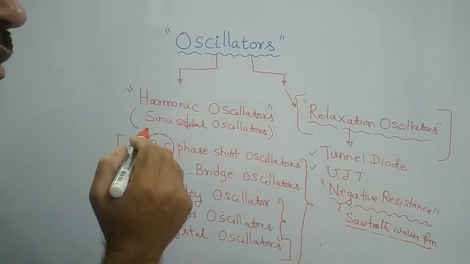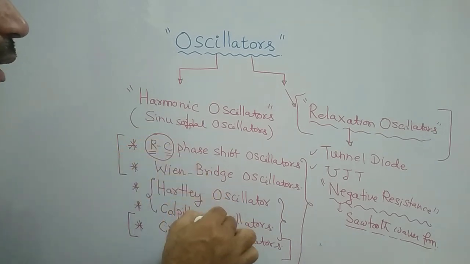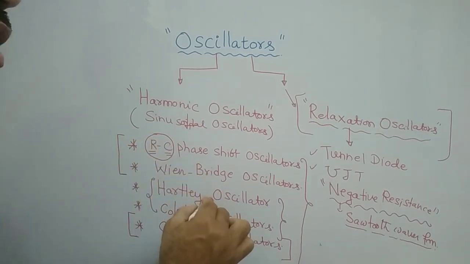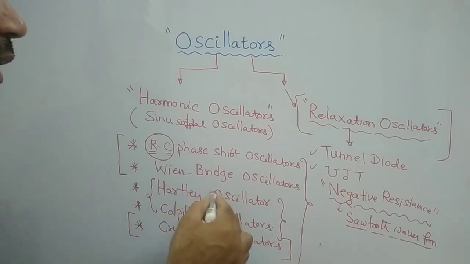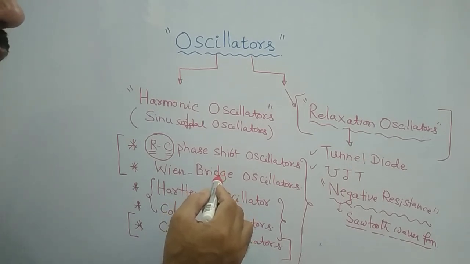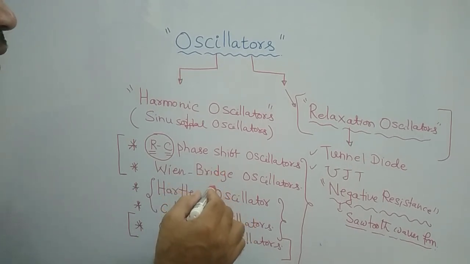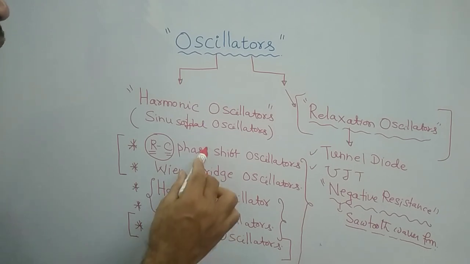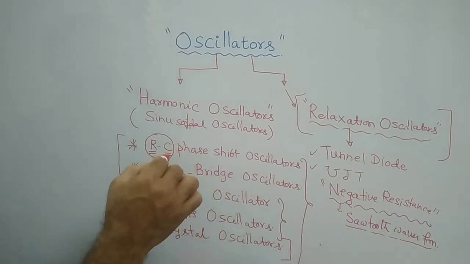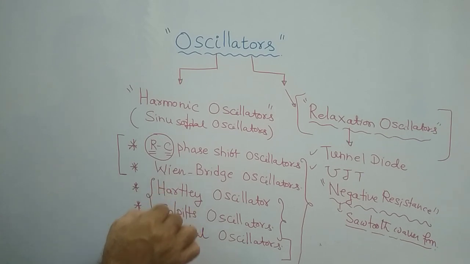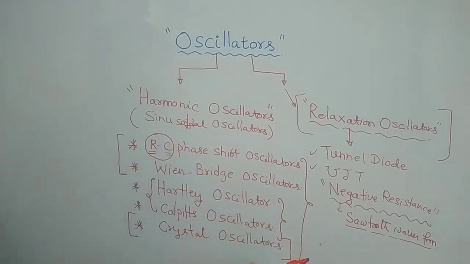So that is the main basic difference between the first two oscillators and the remaining two. Clear? So overall, these are the various types of oscillators.